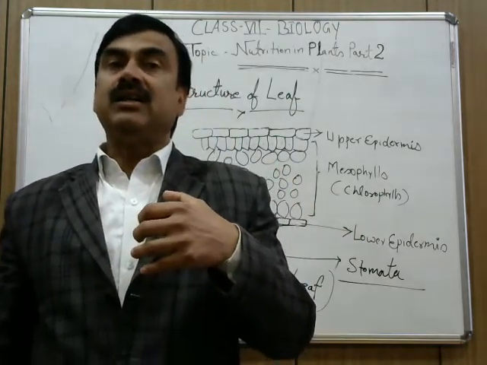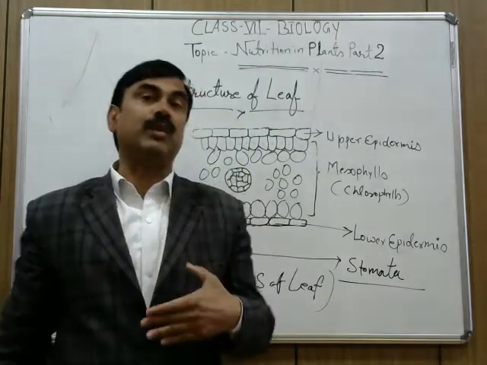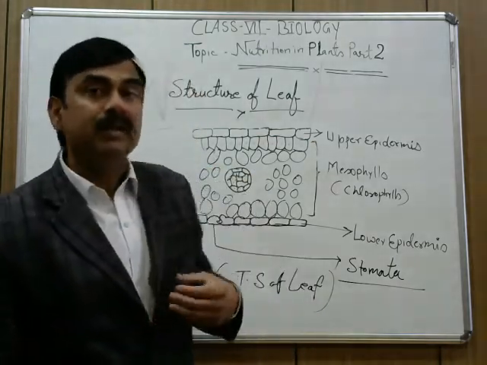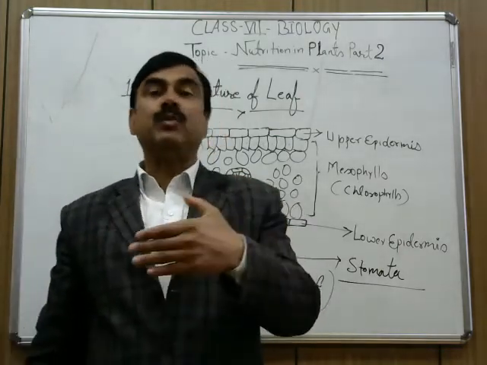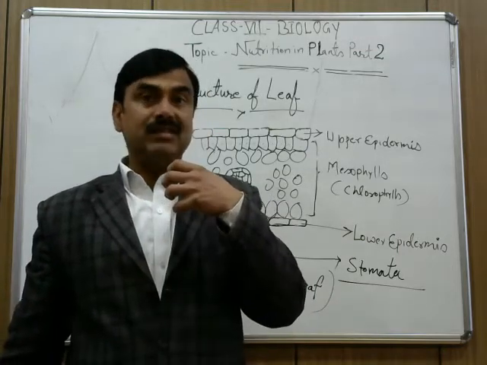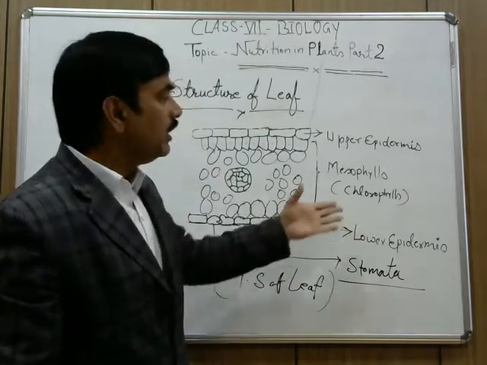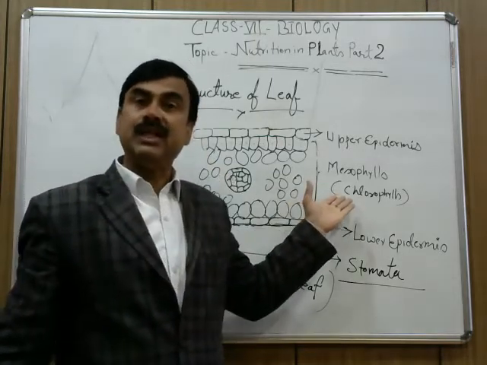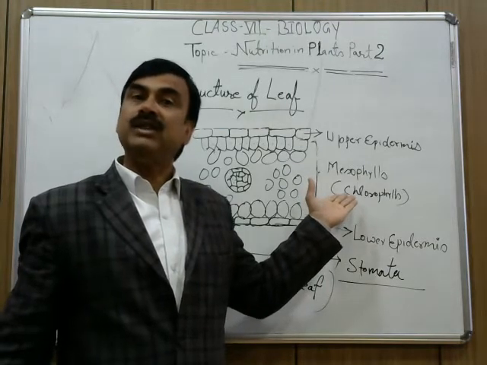It is not important that you have to draw the structure of chloroplast, but you have to remember the plastids are 3 types: chloroplast, leucoplast and chromoplast. And in grade 7, you have to remember where the chlorophylls are present in the leaf, and what is the role of this chlorophyll.